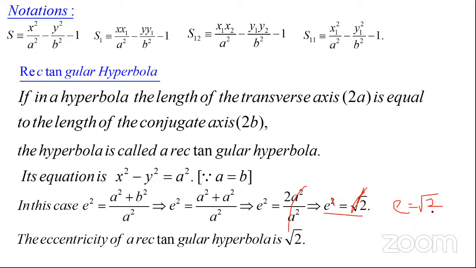Next, the auxiliary circle. We discussed this in the ellipse: the length of the major axis is equal to the diameter of the circle, and that is called the auxiliary circle.